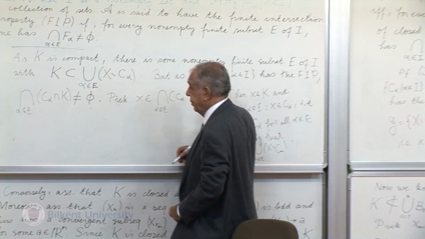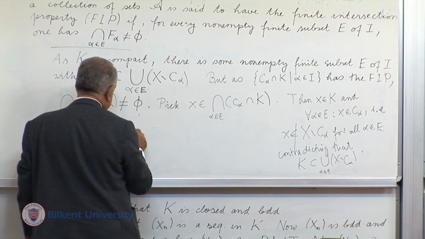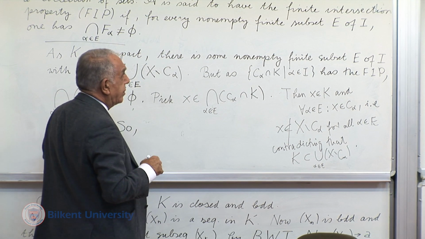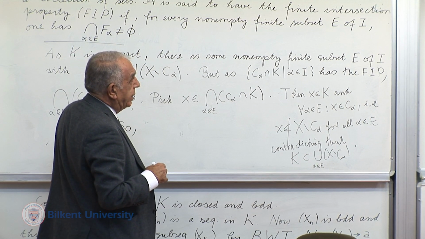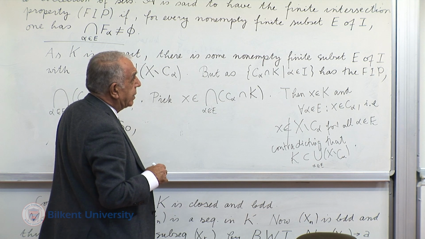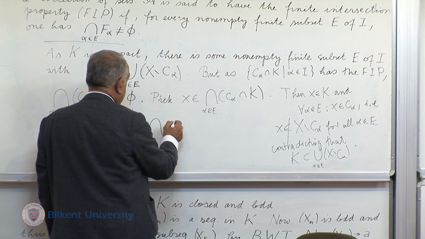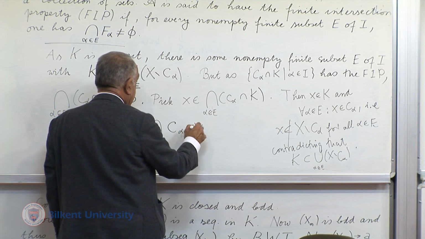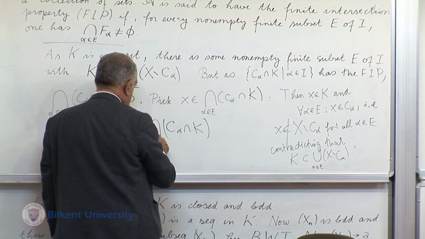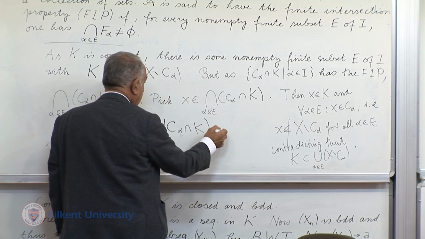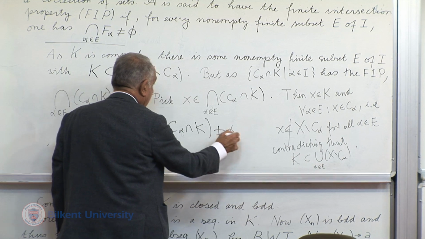So the intersection of C alpha intersection K, alpha in I, is non-empty.